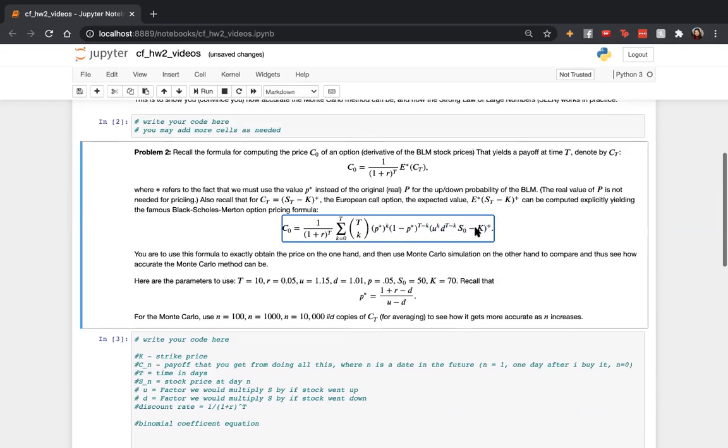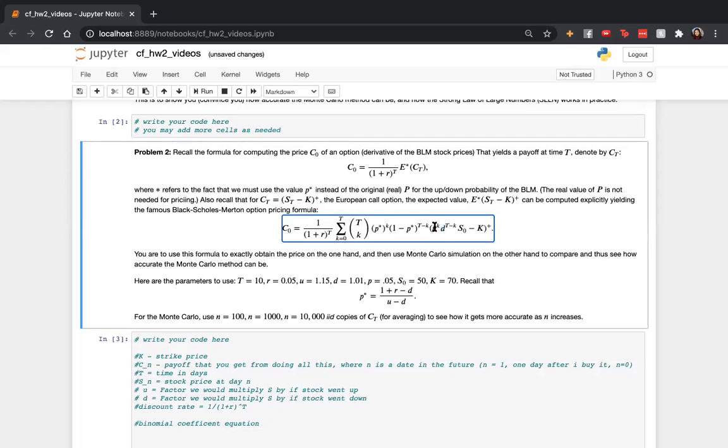But the thing that I want to cover is this little plus sign at the end. What that plus sign means is essentially what you're calculating here. So let's take a look at the stuff that we're multiplying. I'm going to have an up factor, my factor u, and my factor d, right?